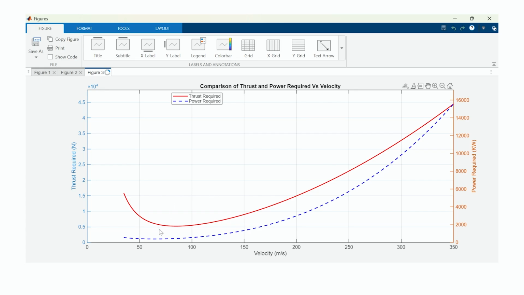The power required minimum and the thrust required minimum are not at the same place. So in figure 3, the velocity for which power required is minimum is actually less than the velocity for thrust required minimum. Okay, now what is the reason for this? That is what we will discuss now.